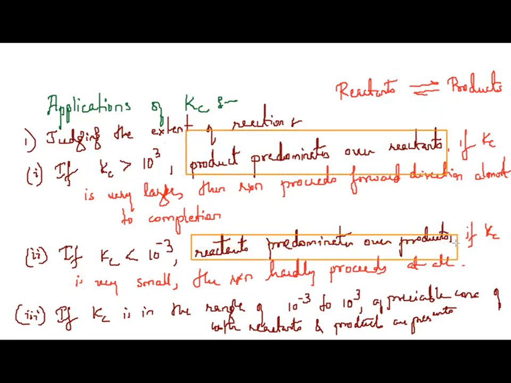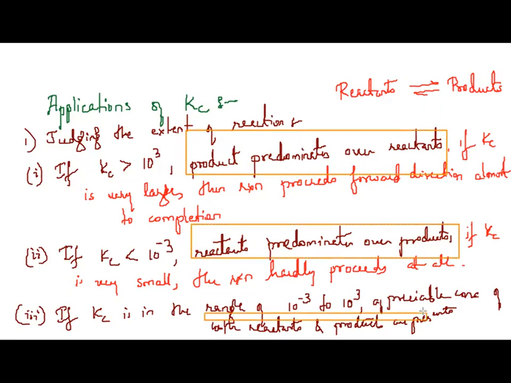If Kc is very small, reactant predominates. And if Kc is in the range of this and this, appreciable concentrations of both reactants and products are present. So this is the first application, that is, it helps in judging the extent of reaction.